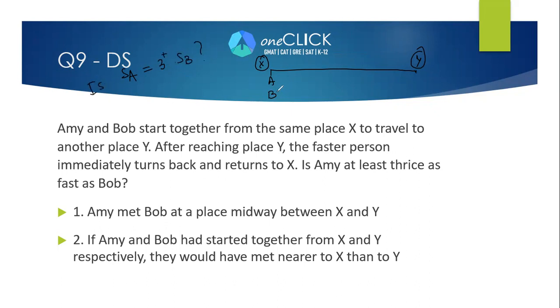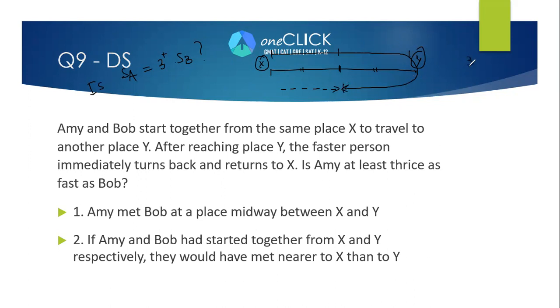First statement says Amy and Bob meet at a place halfway. So they meet here, exactly midpoint. So that means one of them has gone all the way and turned back while the other is just going half. So that means what we have here is one guy has traveled one half, and one half means what?